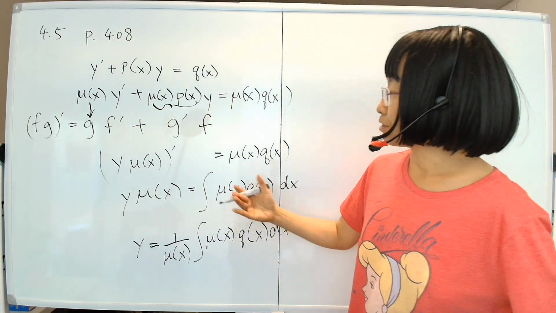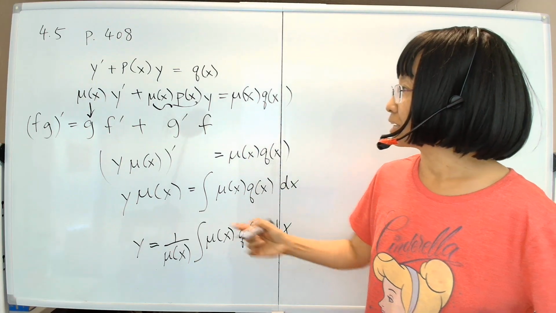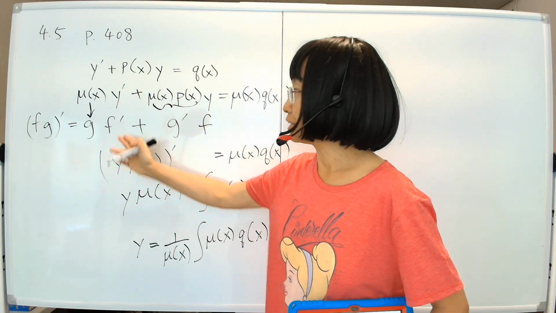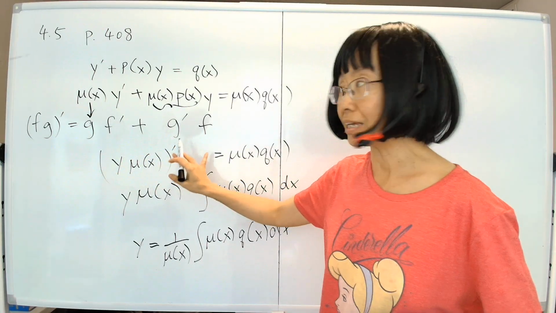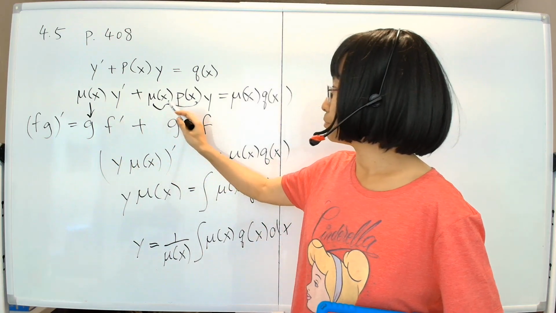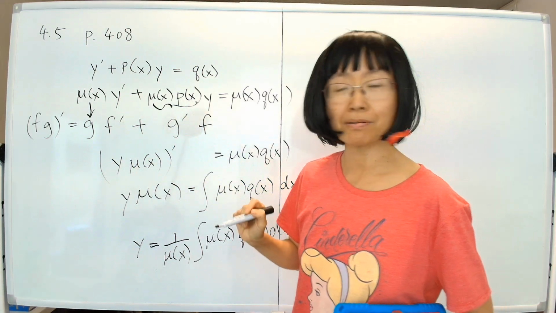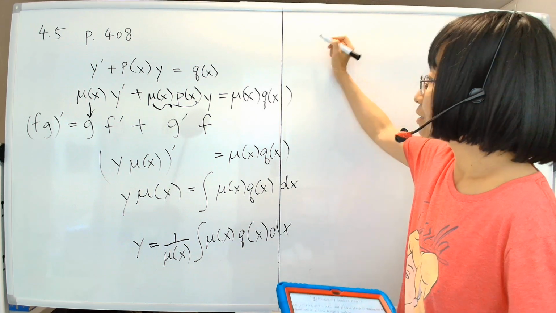However, then of course at this point the biggest question is, can we find mu of x? Well, let's see if we can find it. Now mu of x, by the way we built it is that mu of x has to be g of x such that mu x p x has to be g prime.